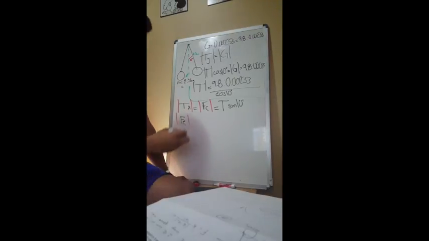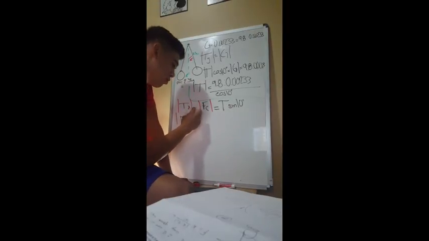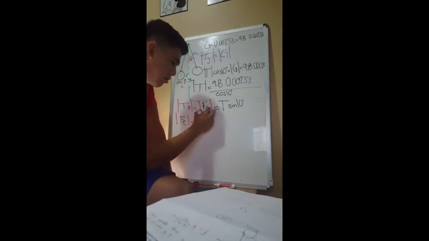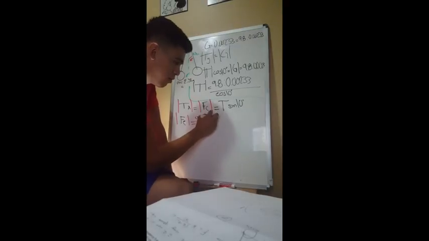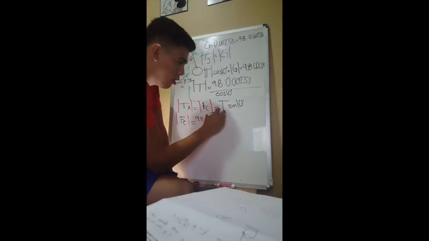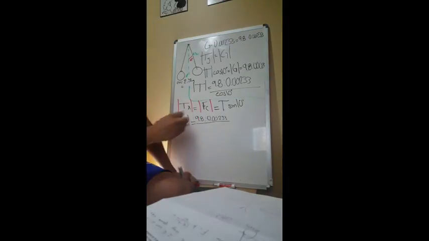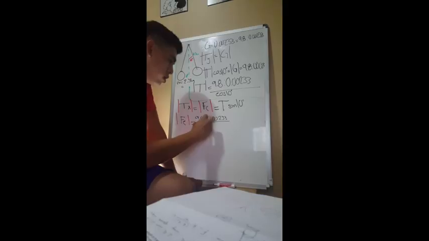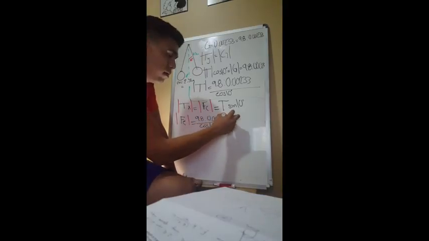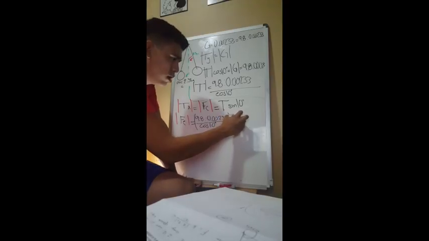Also this one will be a magnitude equal to 9.8, which is gravity, times 0.023. This one will be divided by the cosine of 10 degrees. All this will be multiplied by the sine of 10 degrees also. So in this case we get the magnitude of FE, okay?